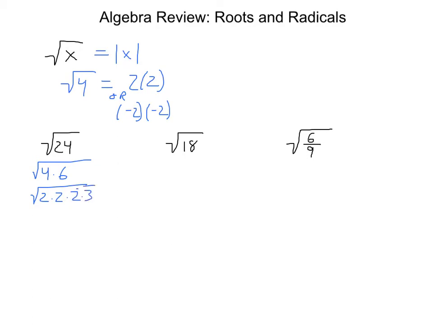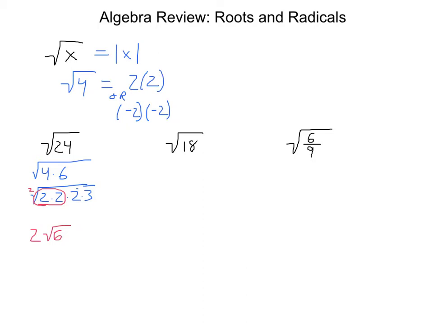Now when we're looking for square roots, there is a little 2 that sits out here. It's called the index. And what it says is we're looking for groups that size of items inside of the radicand. So we're looking for pairs of items here. And we have a pair of 2's. Well, a pair of 2's comes out as a single object. 2 square root of what's left behind, which is 2 times 3, which is 6. So the value of square root of 24 in exact form is 2 square root 6.